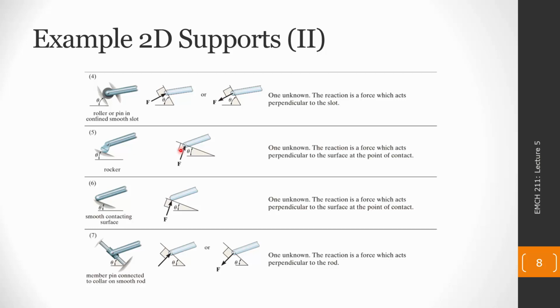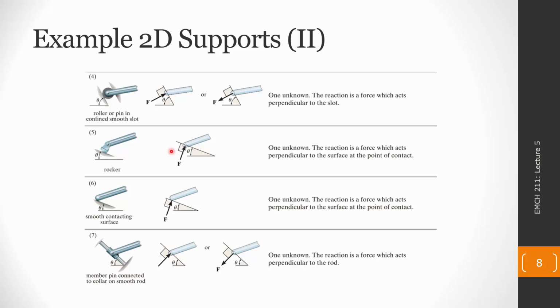In the static equilibrium problems we're going to be doing, rarely will there be a case where we would need or want the surface to be able to grip on the rocker and prevent it from moving up to the right. But in reality, that could be the case, and some of our assumptions could be wrong.